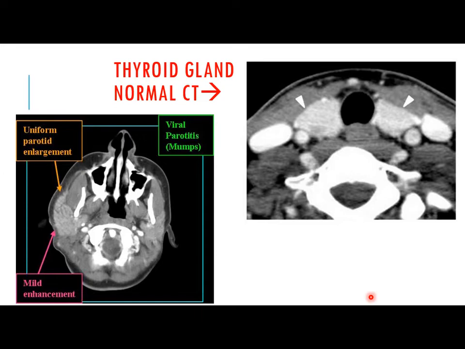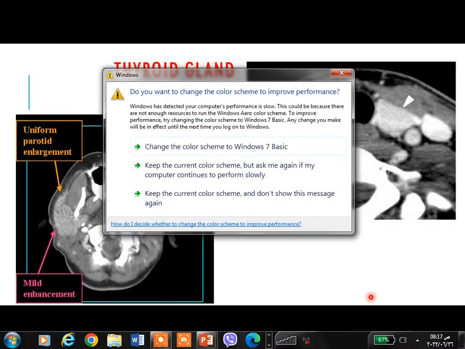Today we will continue with our next parts of the CT of the neck assessment. The next area which we will assess during the examination of the CT scan of the neck is the thyroid gland. Actually, we don't have many emergencies of the thyroid gland, but we can have incidental findings.